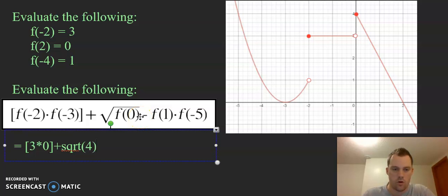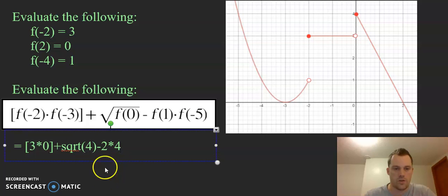So square root of 4, minus f of 1. So x is 1, we get a y value of 2, and that is multiplied by f of -5. So at -5, we have a y value here of 4.